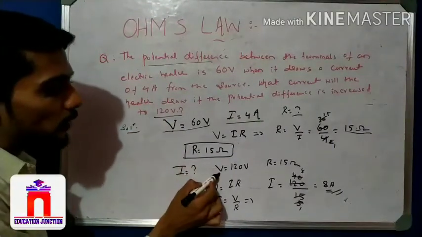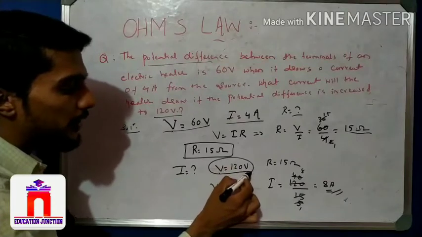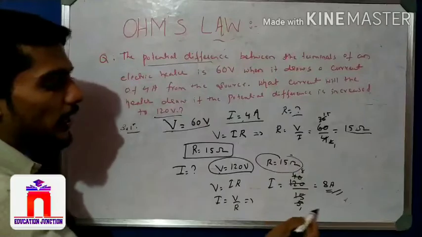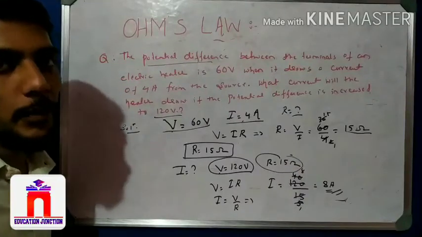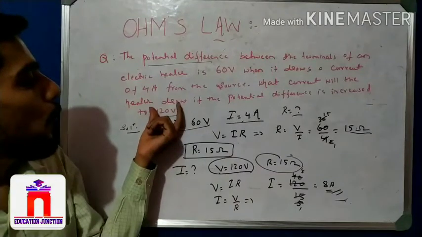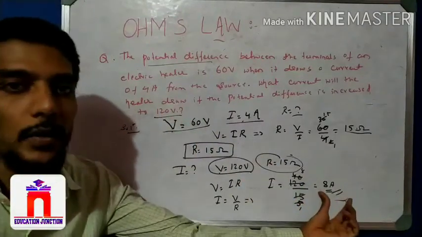Using these two we can calculate R, and by R we can calculate the current, 8 ampere. When we apply 120 volt, we get 8 ampere of current, students.